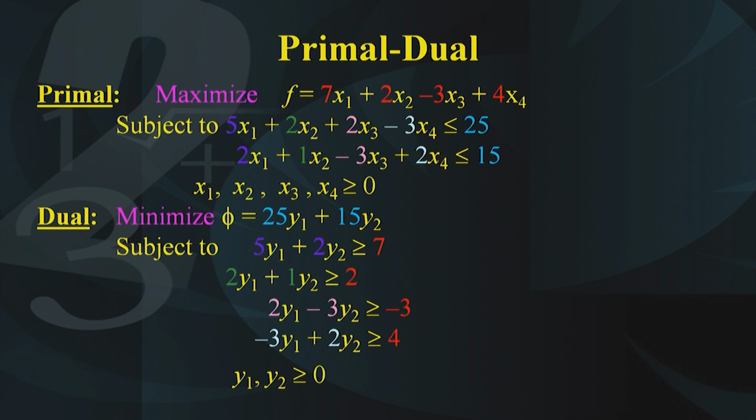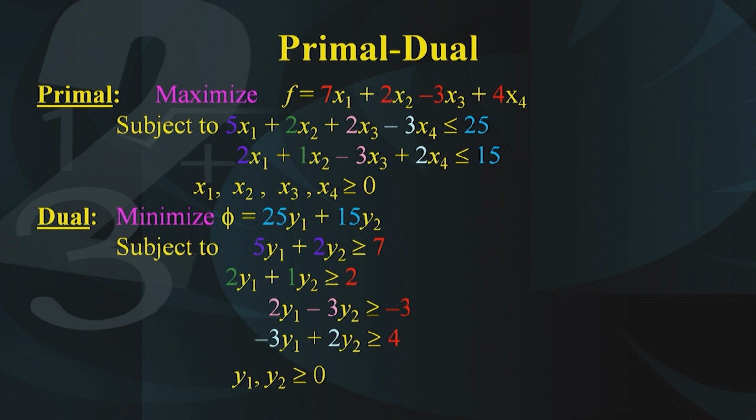Secondly, the coefficients of the objective function of the primal have become the right hand side of the dual. This is indicated by the red colored entries. Similarly, the right hand side of the primal has now become the cost coefficients of the objective function of the dual. This is indicated in the blue color.